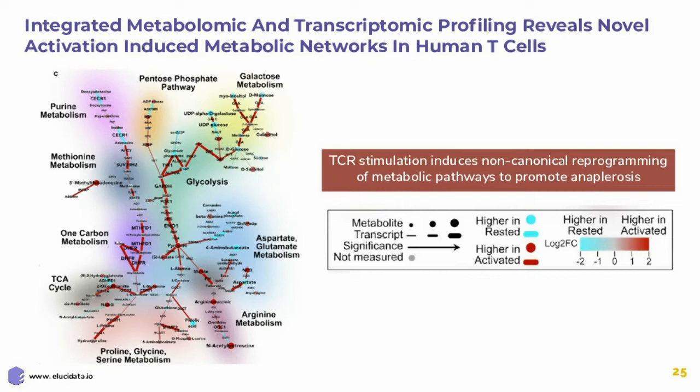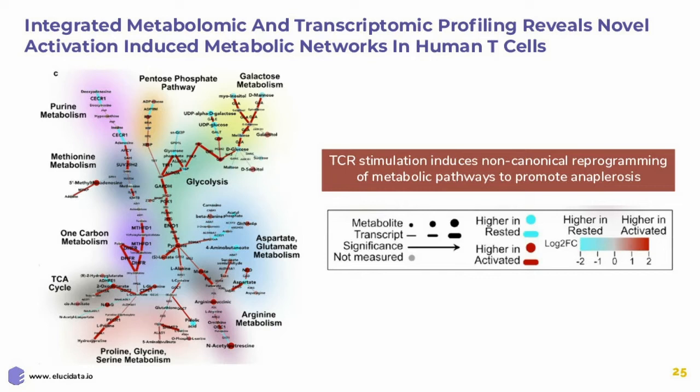So as we look through this plot, I wanted to anchor you a little bit by looking at glycolysis. This is the train of thought that we had been following so far. Glycolysis is heavily upregulated upon T cell stimulation. And glycolysis begins with, as we think about it, glucose, which is being depicted in the graph in the upper right corner.